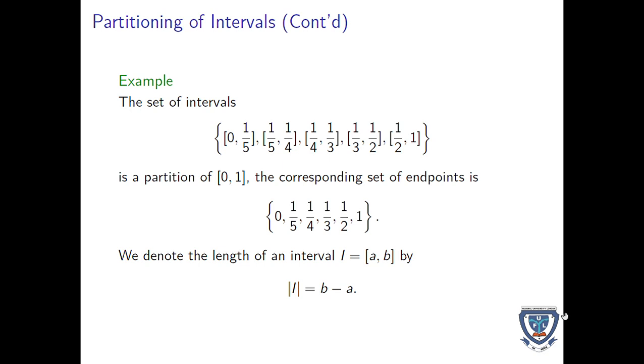We denote the length of an interval I by the absolute value of I, which is b minus a. So in this case, for the interval 0 to 1, our a will be 0, our b will be 1.